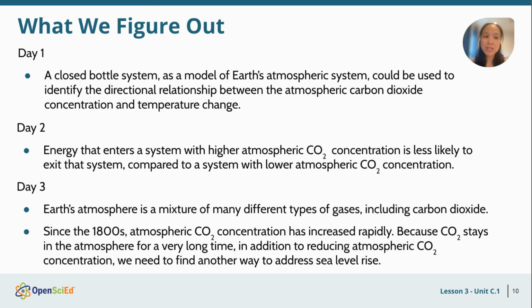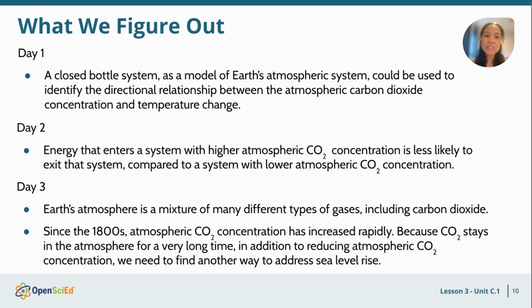So in summary, on day 1 of Lesson 3, from the model closed bottle system, students have evidence that an increase in atmospheric carbon dioxide concentration in the presence of an energy source results in greater temperature increases. Then on day 2, students reason that the carbon dioxide in the atmosphere affects energy flow.